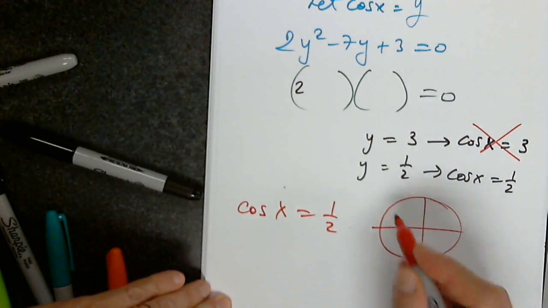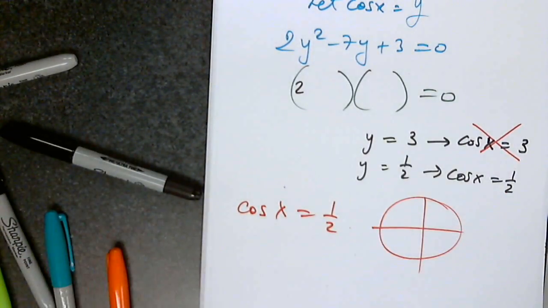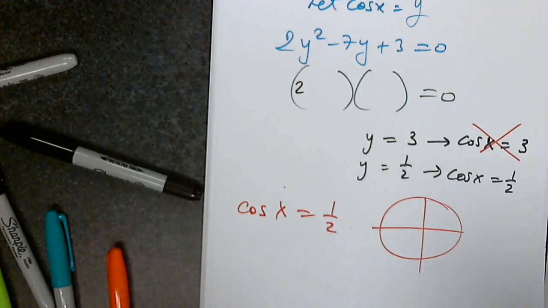And we know we have to find infinitely many solutions, but 2 different ones. Where will I find those? So at 1/2, first of all, which quadrants? First, third. Exactly.